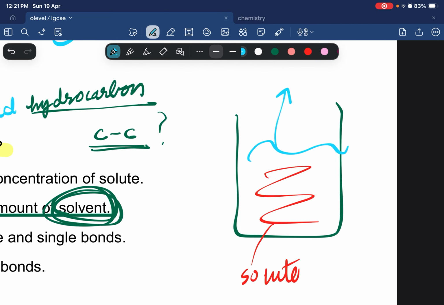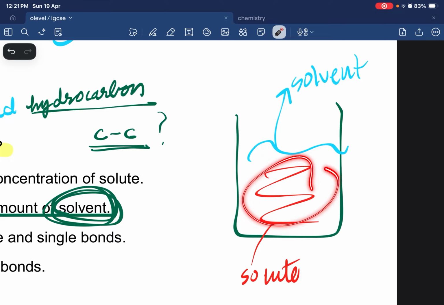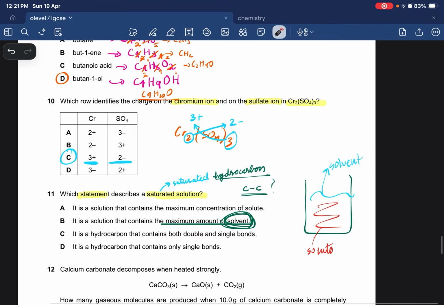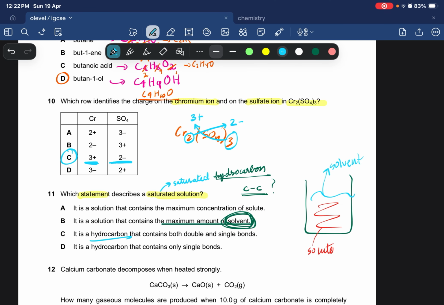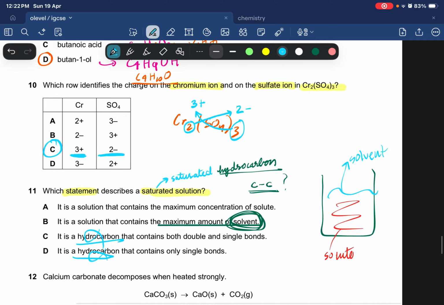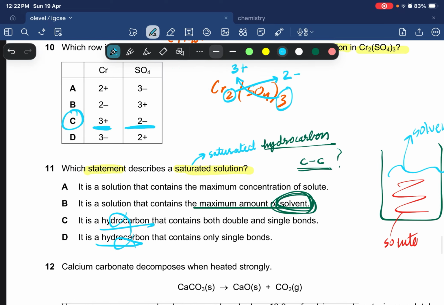Water is the solvent. Adding more salt is going to make it saturated, or adding more water? Obviously adding more salt. So adding the solute makes something concentrated, not the solvent. Remember this. It's a hydrocarbon. No. A saturated solution and a saturated hydrocarbon are two different things that you should realize.